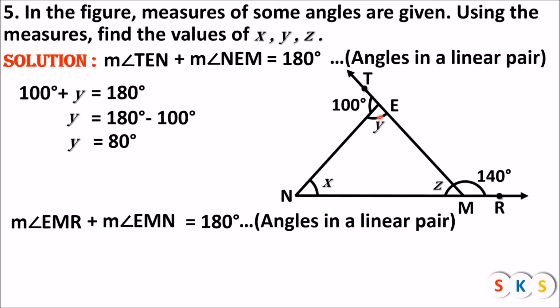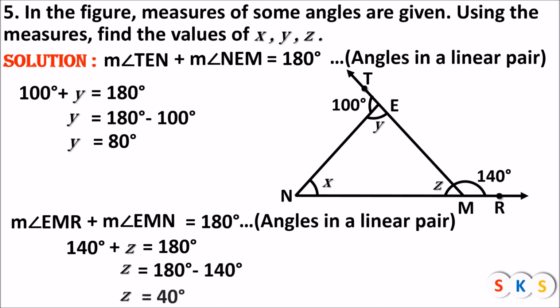That means angle EMR and angle EMN form linear pair. Therefore sum of these two angles is 180 degree. EMR is given as 140 and EMN is denoted as Z. So 140 degree plus Z equals to 180. Therefore Z equals to 180 minus 140 degree. Therefore Z equals to 40 degree.